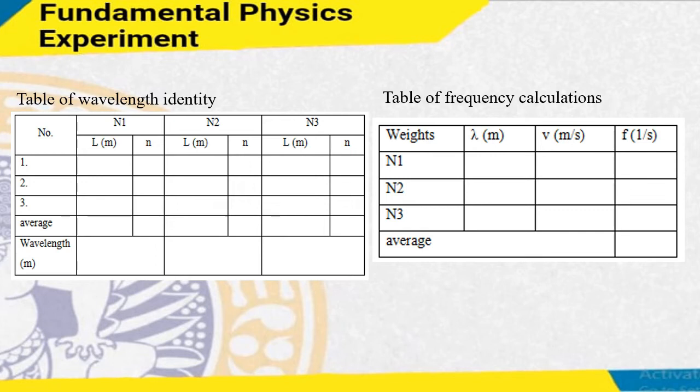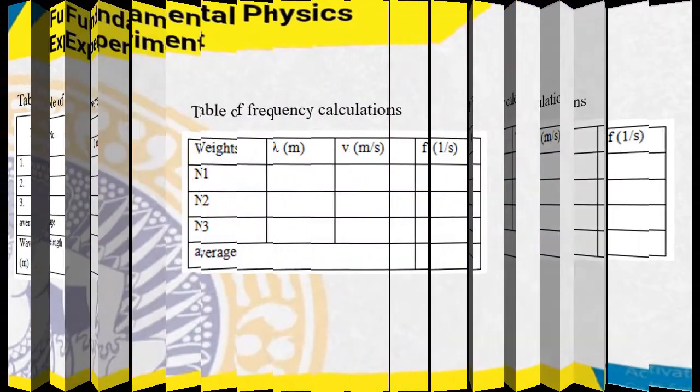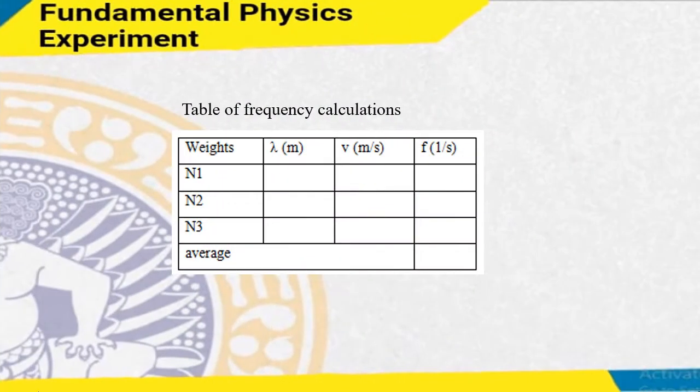After that, on the right side of the table, after you put in the wavelength lambda and the velocity you already measured in the previous part, you can calculate the frequency using the formula velocity equals lambda times frequency, and then you average the values at the end. Once again, this is the table of frequency calculation.